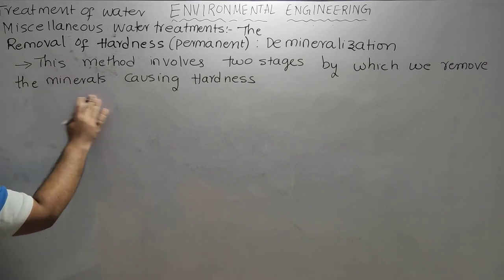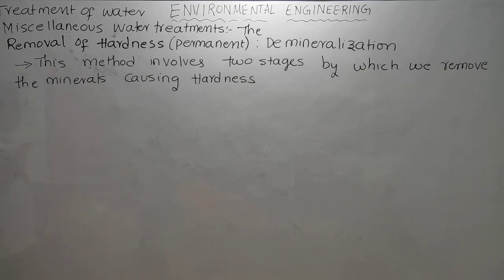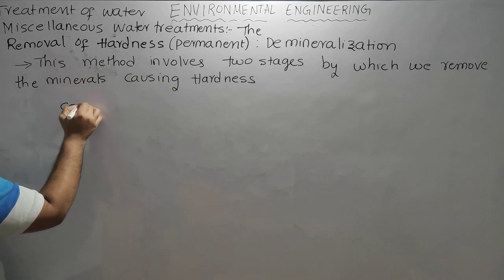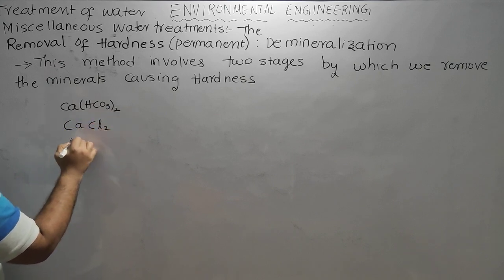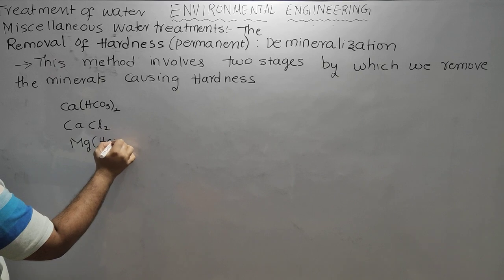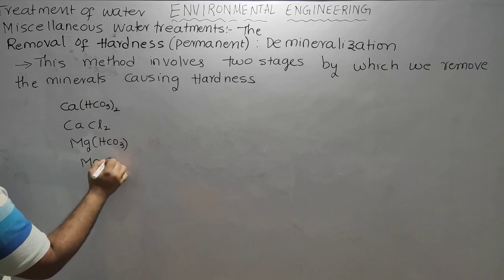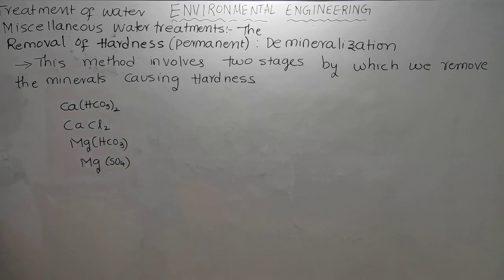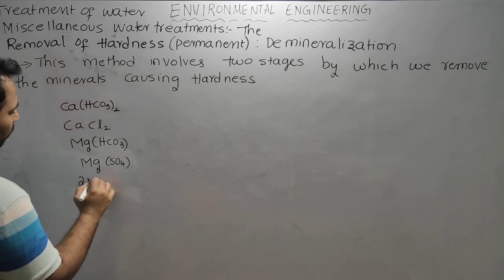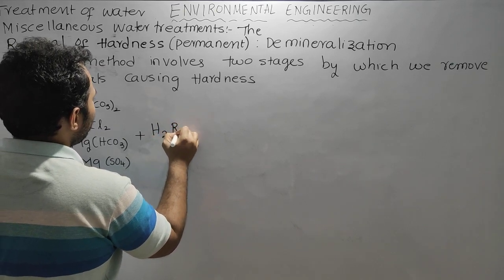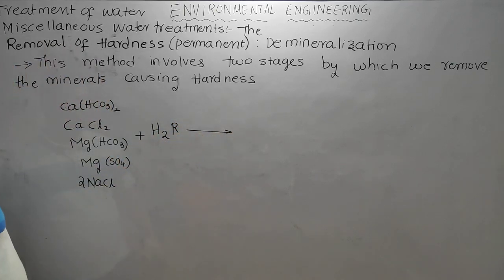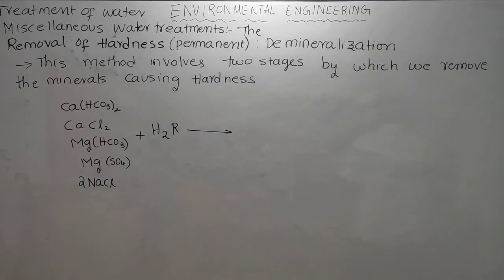Whatever the salts, Ca(HCO3)2, CaCl2, Mg(HCO3)2 and MgSO4, all those things react with H2R. So H2R is nothing but the cation exchange resin.